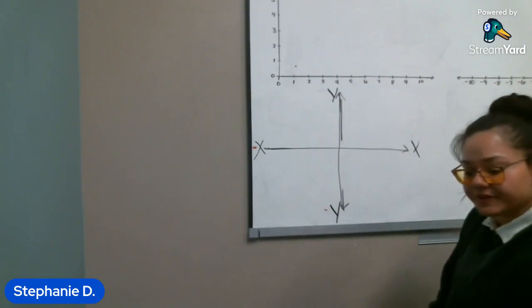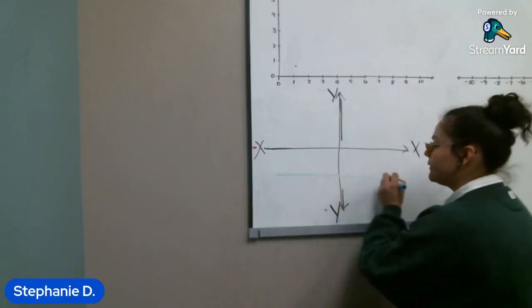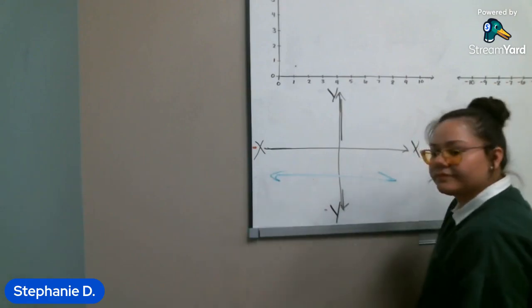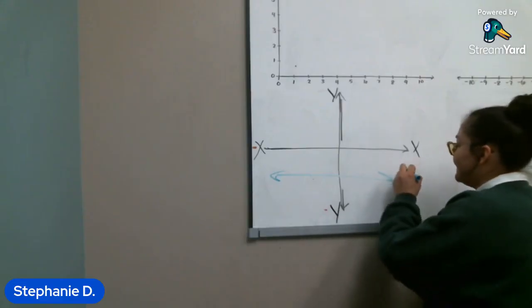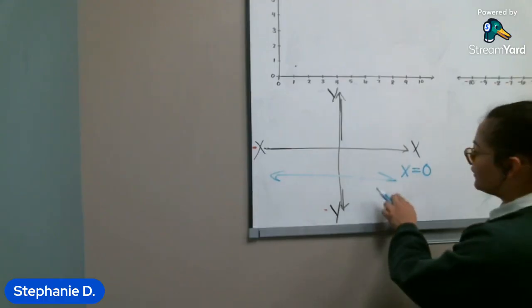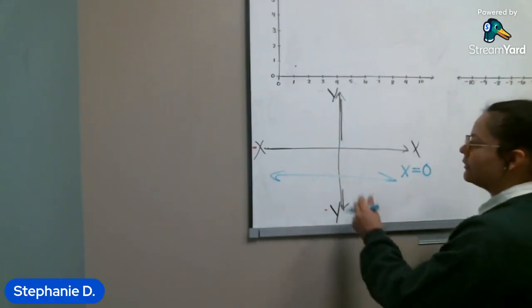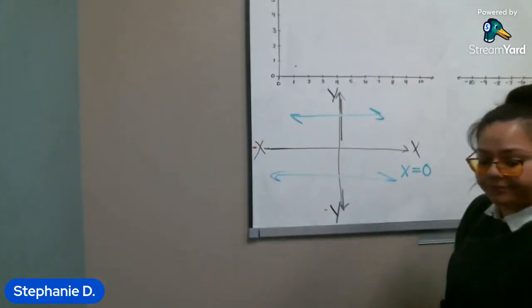Then we also have 0. This is not going anywhere. This is flat. You can't go up or down. That is what we get as a 0 slope. Up here or down here, it is 0.